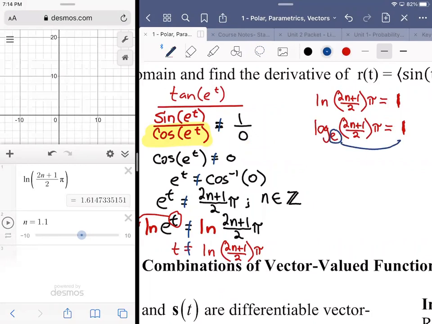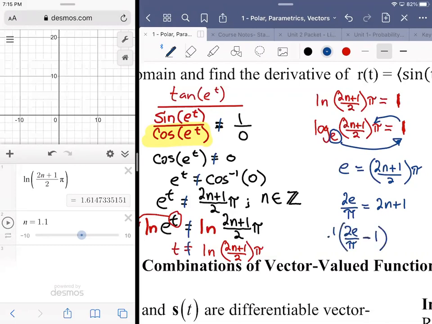And so we'd have e to the 1 is equal to all this stuff. So e would be equal to 2n plus 1 over 2 pi. So I could divide out the pi, I can double it, so 2e over pi is equal to 2n plus 1. Subtract and then divide. So we're talking 2e over pi minus 1, and then we would multiply by 1/2, and that would get us the value of n.